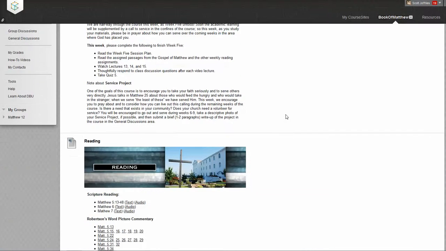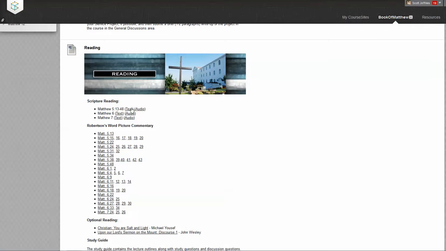You would have a reading plan, and so you would have access to online versions of the scriptures that you were supposed to read for that week, which would be part of the text that you would have to read for that week. And then you also had access to Robertson's Word Pictures Commentary. If you're not familiar with biblical studies, commentaries are kind of a word for word or verse by verse interpretation. It takes a heavy look at the original Greek, and how that's been translated, and some of the issues that are involved there.